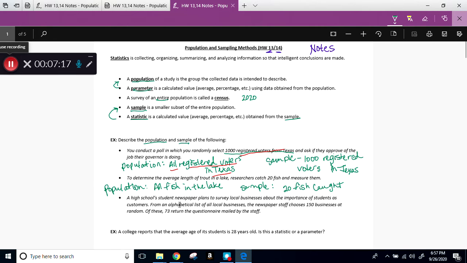Okay, a high school student newspaper plans to survey local businesses about the importance of students as customers. From an alphabetical list of all local businesses, the newspaper staff chooses 150 businesses at random. Of these, 73 return the questionnaire mailed by the staff.